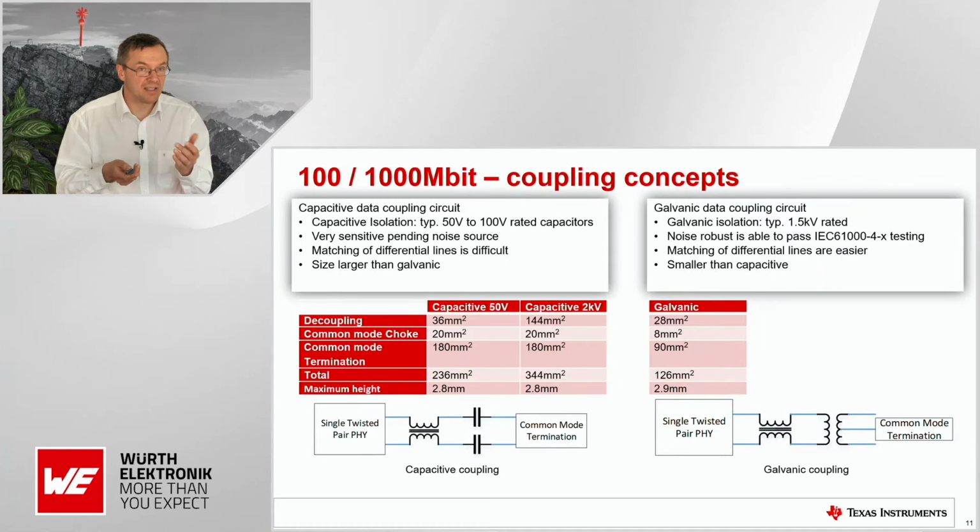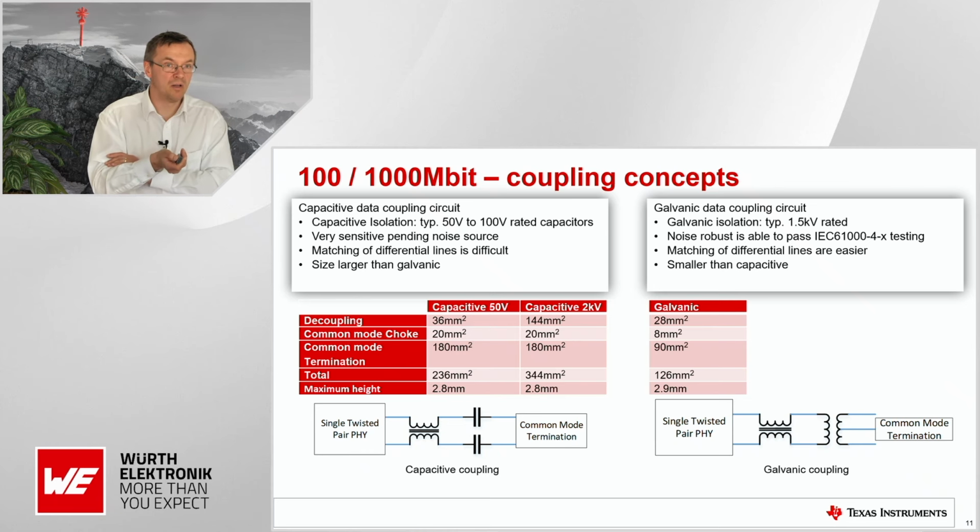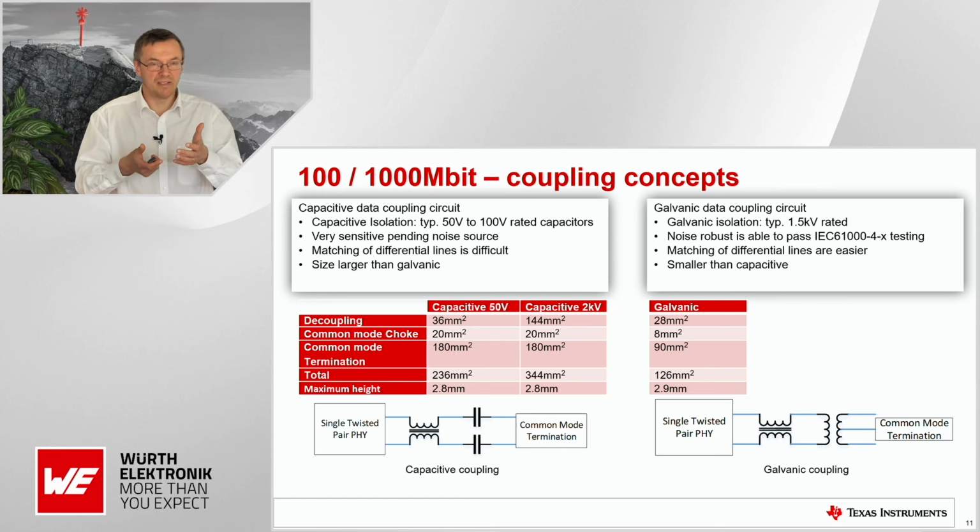Now, looking at some of the coupling concepts that you have for single twisted pair, I think this is also a key point to be aware of. You have the capability of building a capacitive data coupling circuit. This is typically what you will see from the automotive perspective. This coupling brings some benefits, but also some negatives.